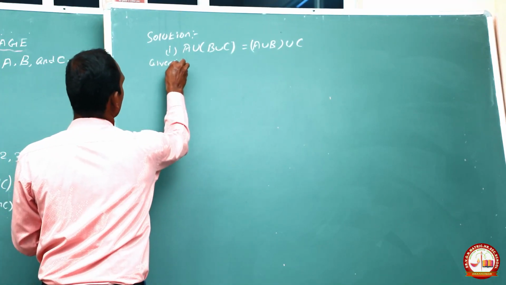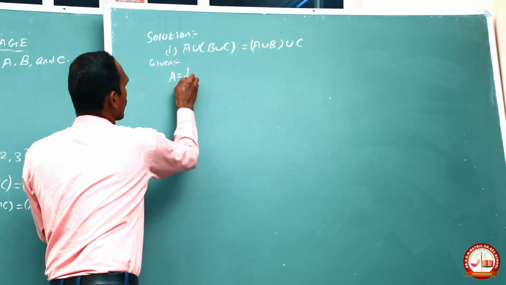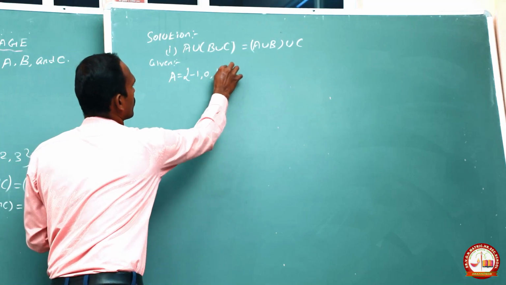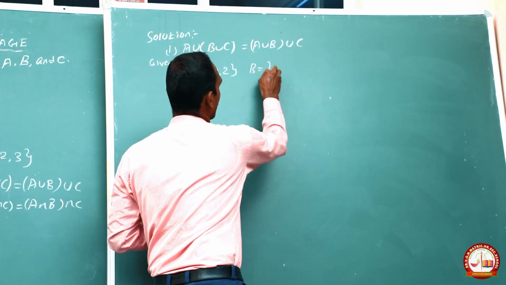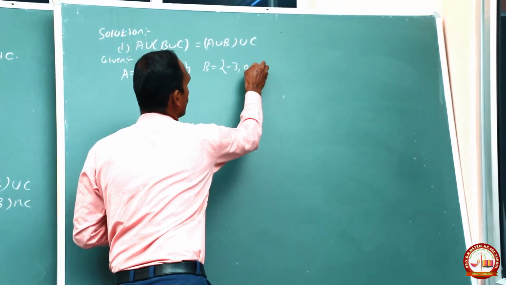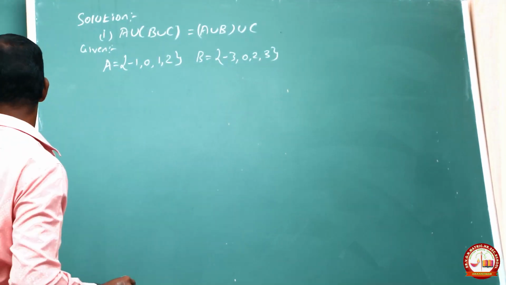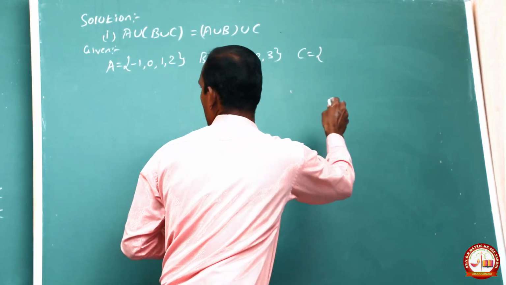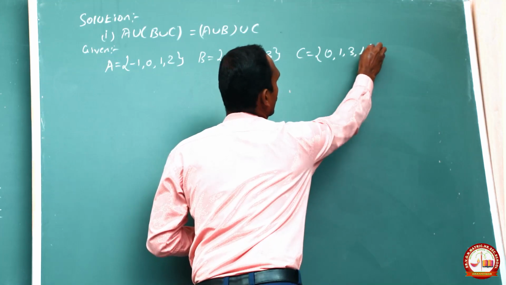Given is A equal to {-1, 0, 1, 2}, B equal to {-3, 0, 2, 3}, then C equal to {0, 1, 3, 4}.